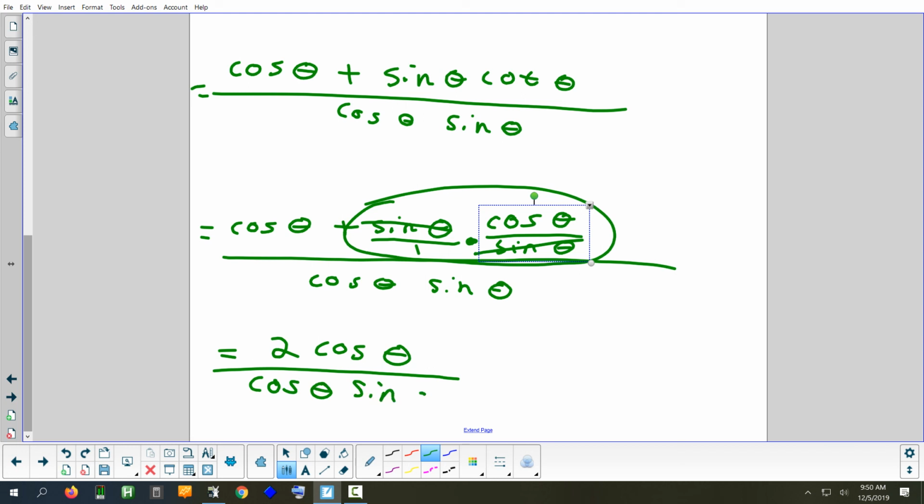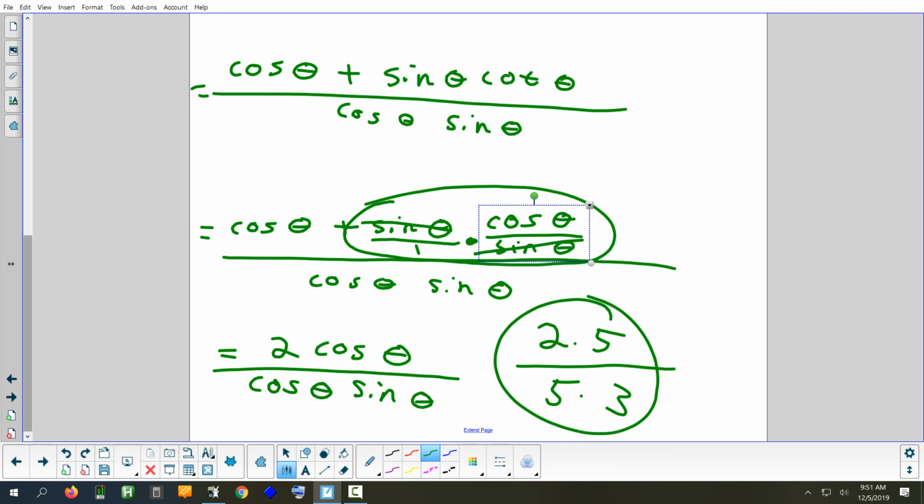over cosine times sine. Okay, whenever I get confused, if I look at it and I'm not sure, pretend like it was numbers. 2 times 5 divided by 5 times 3. Okay, I just plugged in a 5 for cosine and a 3 for sine to look at it with numbers.